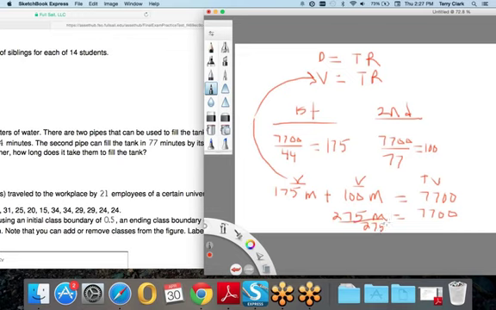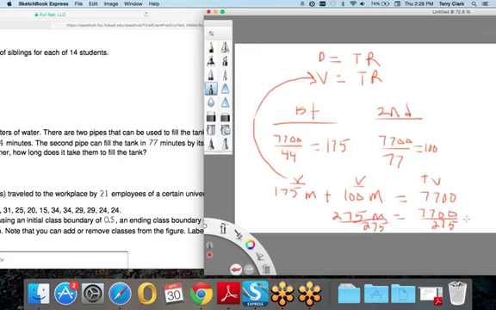I could plug in 275 times, say, 40, or 275 times 30, and see if that'll equal the 7,700. But it's just easier to back into it by just dividing the 7,700 by 275. And then that'll tell me how many minutes we're talking about when they're working together.